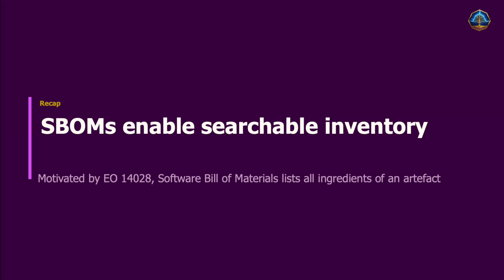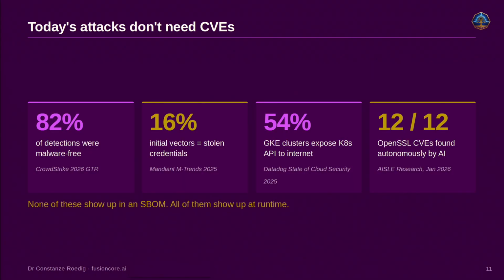We need something to search for, and what we typically search for is CVEs. Those are lists in threat intel or vulnerability databases or VEX documents. Now the question is, what kind of attacks do not have CVEs? One thing: there's a Datadog study that apparently 54%, I was shocked by this, of people still expose their Kubernetes clusters to the public.